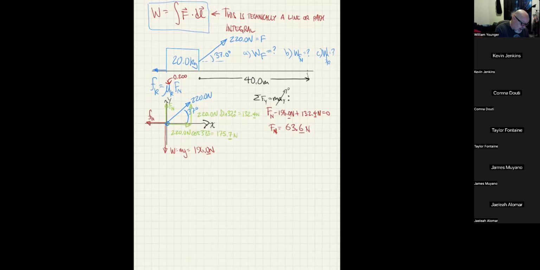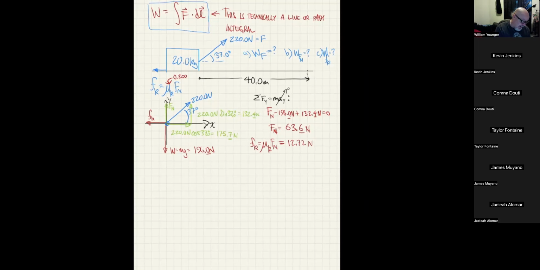Now that I have that, I can see that the friction force, which is equal to mu kinetic times the normal force, is actually about 12.72 newtons. Okay, because basically I'm going to divide it by 10 and then multiply by 2. So if I divide 63.6 by 10, that becomes 6.36, and then I multiply that by 2, that becomes 12.72.